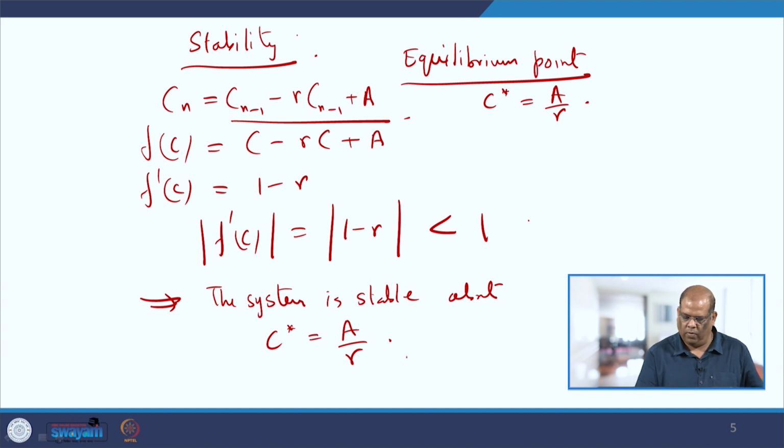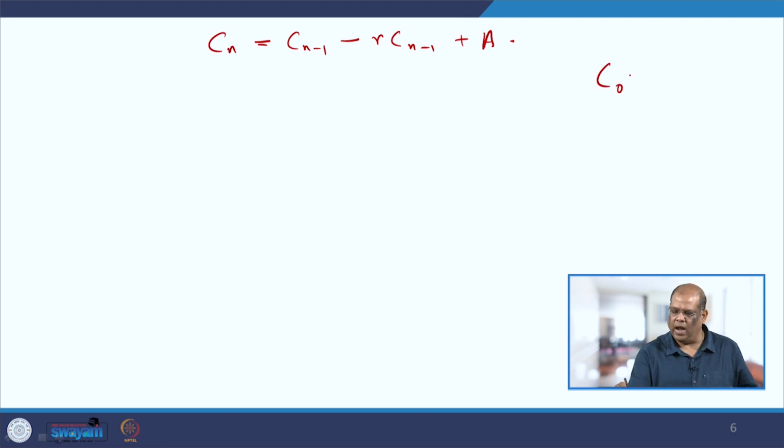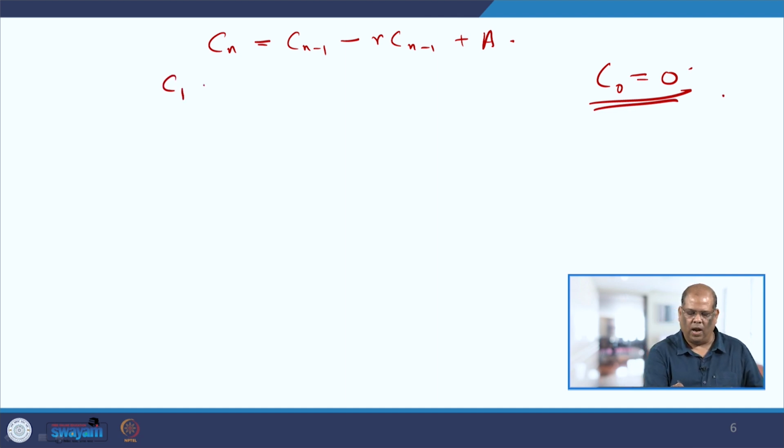Now, before we check this numerically, let us derive a generalized formula for this Cn. We have Cn equals Cn minus 1 minus R Cn minus 1 plus A. Let us assume that initially there is no cadmium inside the body, so C0 equals 0.